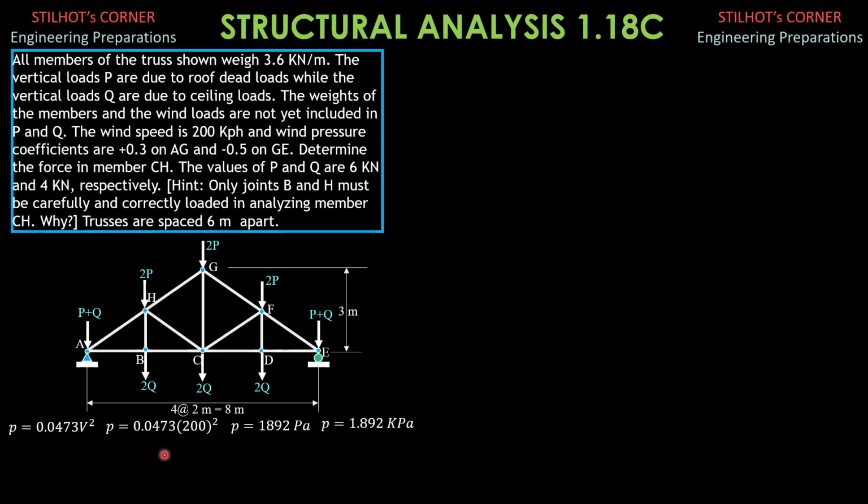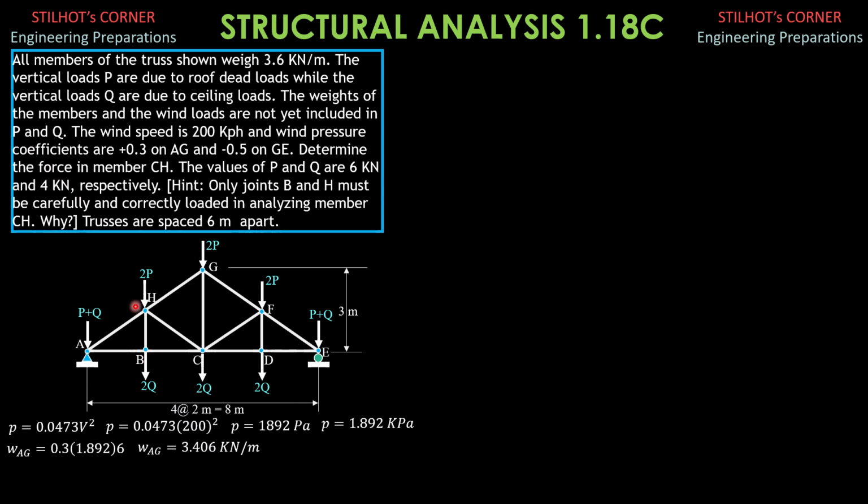So W equals wind pressure coefficient 0.3 times wind pressure 1.892 kilopascals times the spacing of the trusses, which is 6 meters. So W_AG is 0.3 times 1.892 times 6, which is equal to 3.406 kilonewtons per meter.